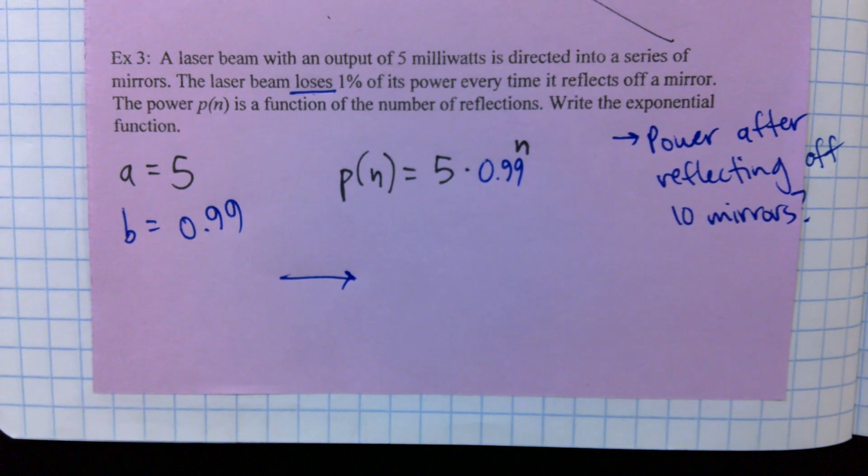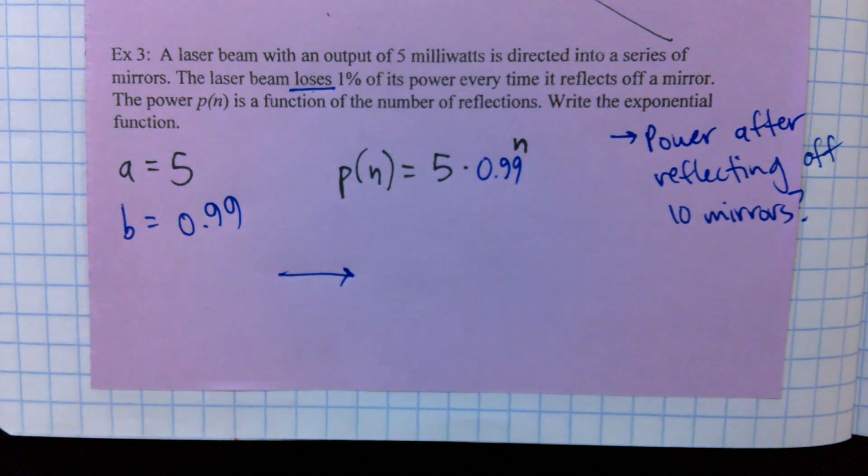What's the total power of my laser beam now after reflecting off of 10 mirrors? And you may think, oh, well, I'm losing 10%, right? If it's 10 mirrors, 1% per mirror, 10 mirrors. But this is what makes exponential functions so weird.